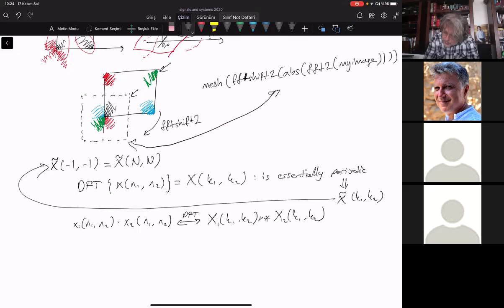By the way, it's a two-dimensional convolution, so let me put 2 stars, and then I will put circles around those stars to indicate that these are circular convolutions.